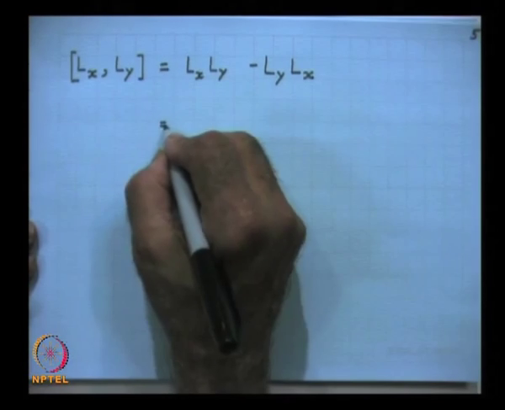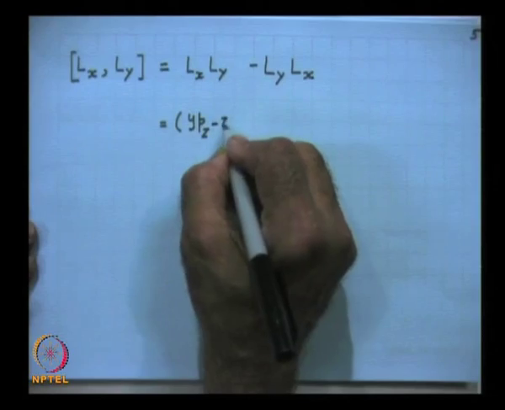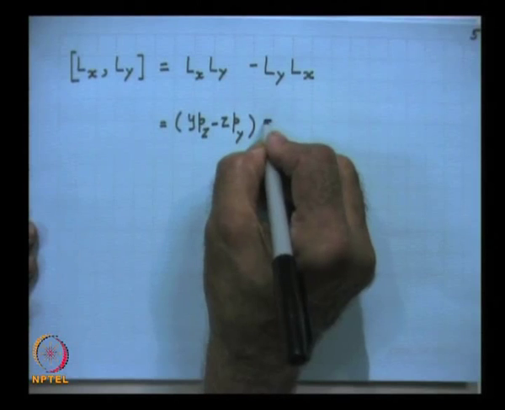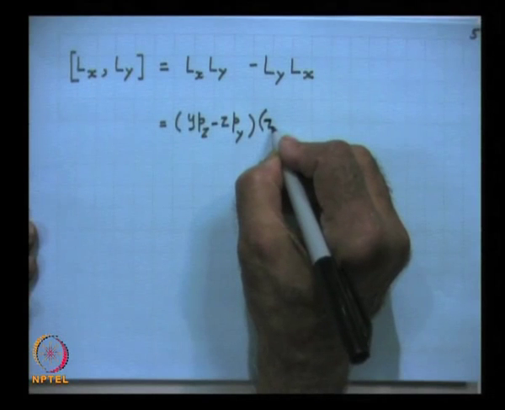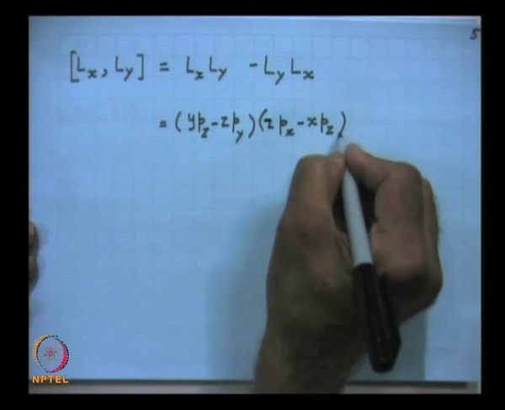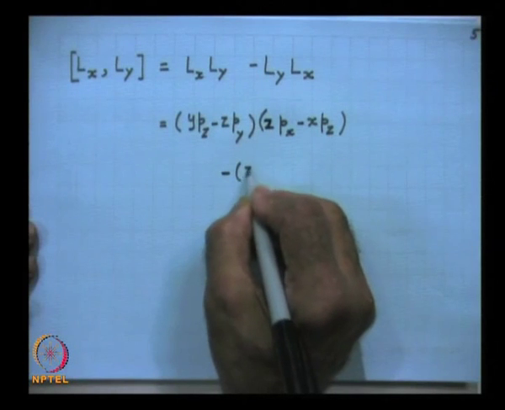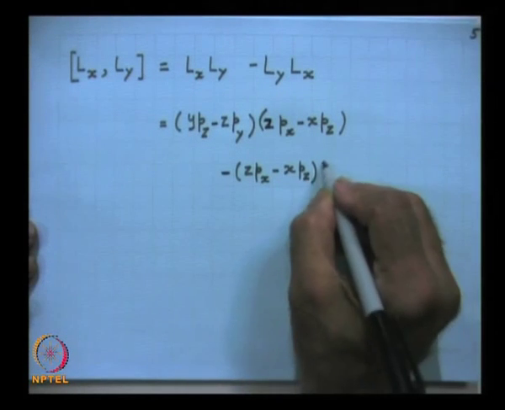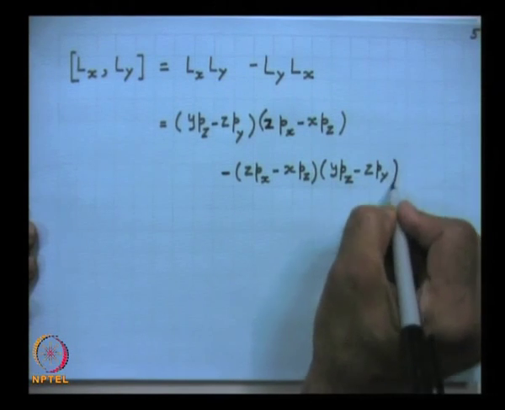Lx is equal to y pz minus z py, multiplied by Ly, which is z px minus x pz, minus the same thing in the reverse order, that is z px minus x pz, and then y pz minus z py.